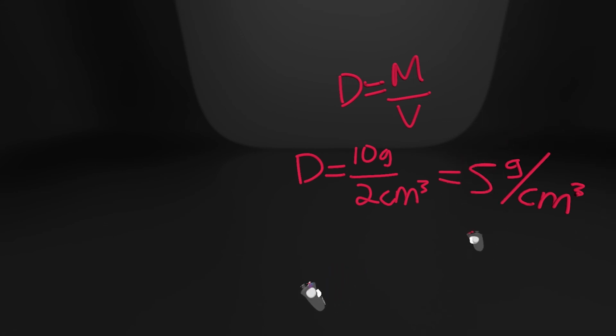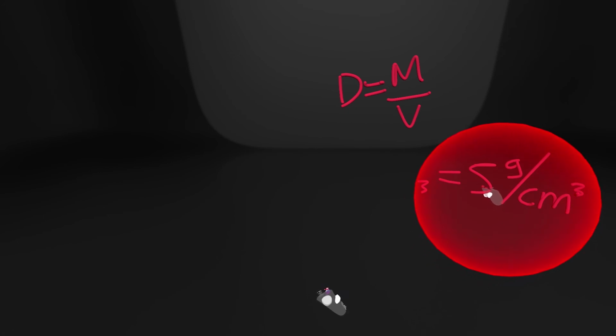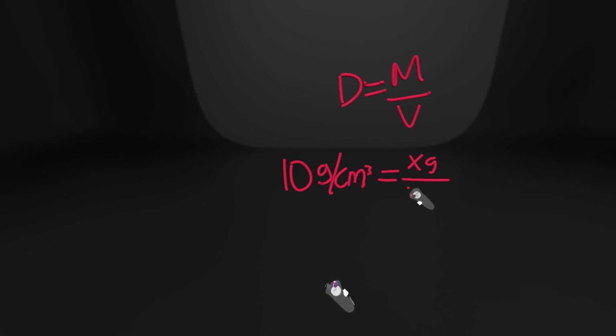Another way you can see this equation being used is if you want to solve for mass or volume. Let's say the question asked you for the mass, and they gave you 10 grams per centimeter cubed as density, and we're looking for x grams, and let's say they give you 2 centimeters cubed as the volume.